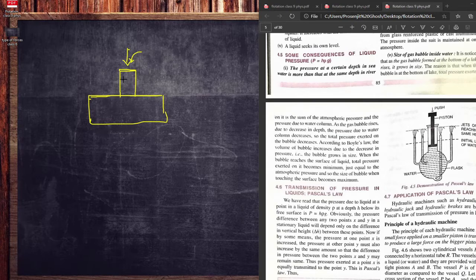You are actually pressurizing this whole system. Right now it is full of water, and you are adding more water in it. So you are pressurizing this whole system, and this pressure, or I should say this force, will get distributed in all directions. How? Let me show you.